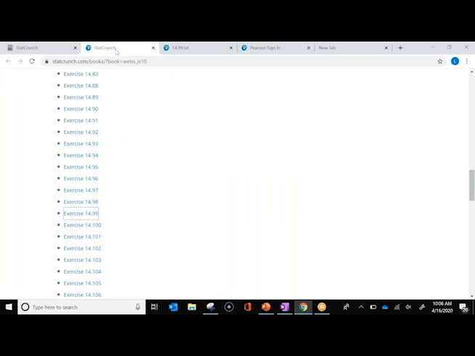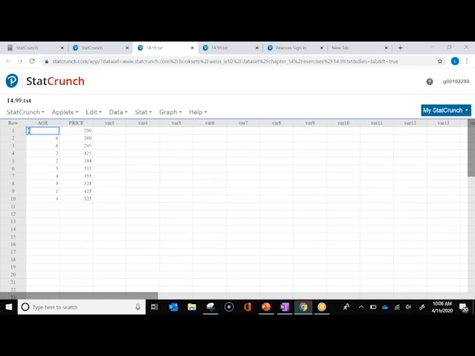Your data from MathLab will automatically open into StatCrunch. So you open your data set and it goes into StatCrunch like this. This is our data, age and price.